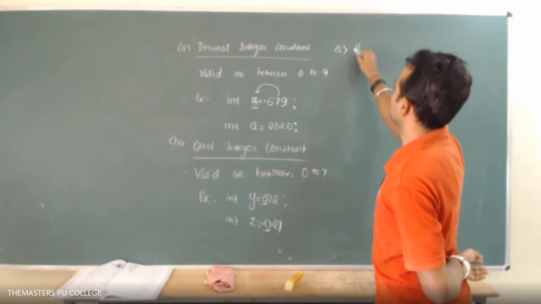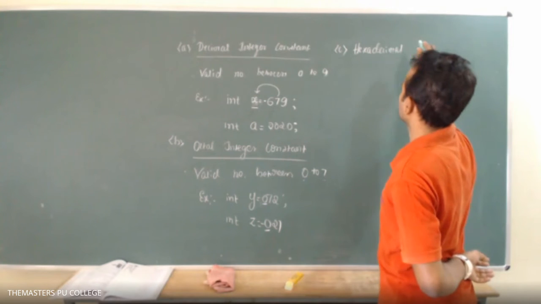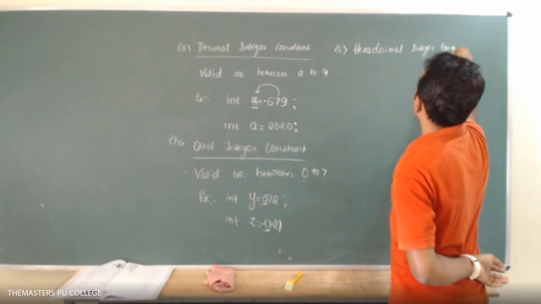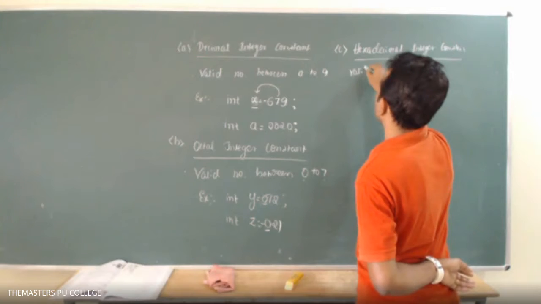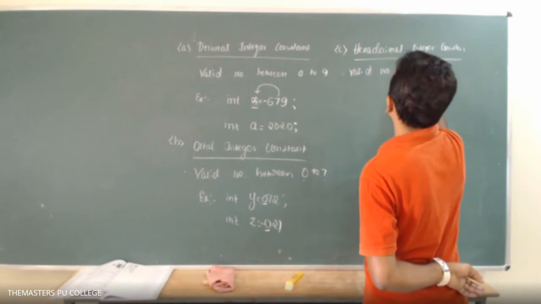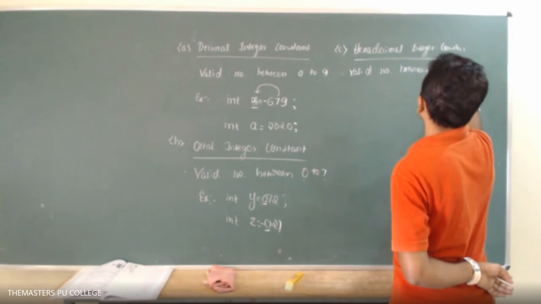Okay, next, hexadecimal integer constant. This should have a valid number between 0 to 15.